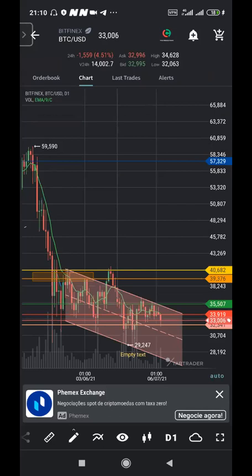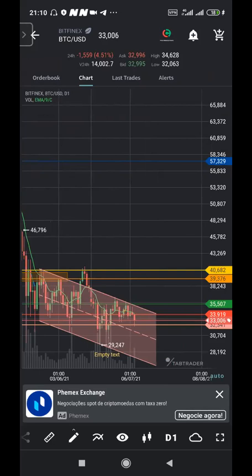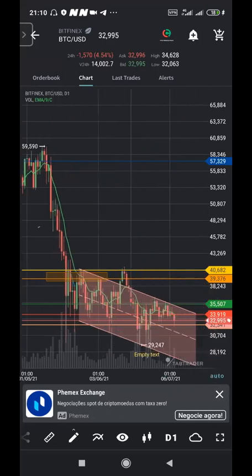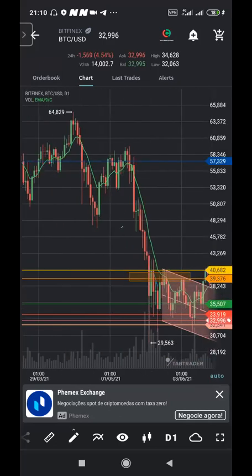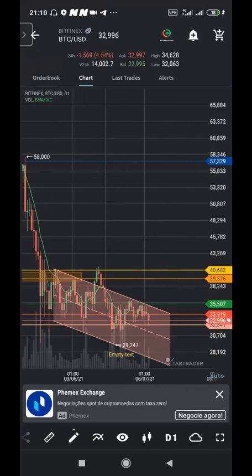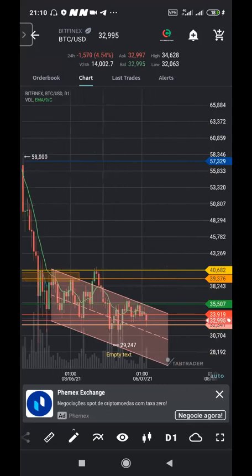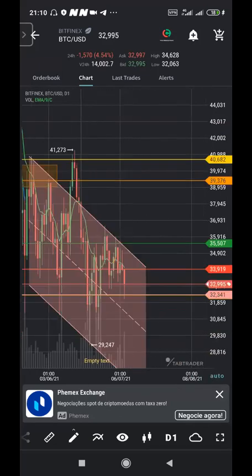But what is important is this. The moving average is like a dynamic support and resistance. So if you're trading above it, it shows that the bulls are in control.